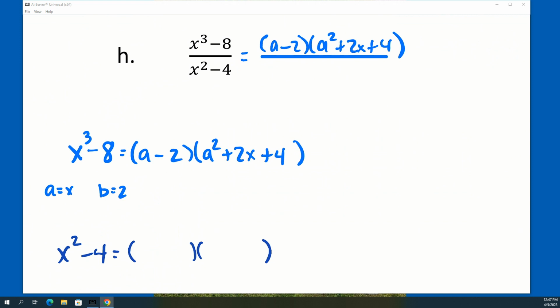All right, and then x squared minus 4. Uh-oh, I put a instead of x.